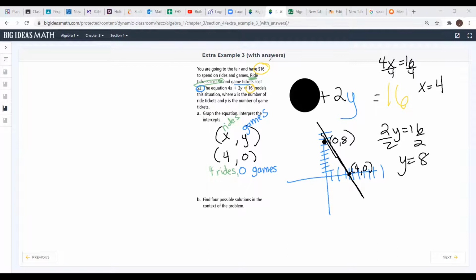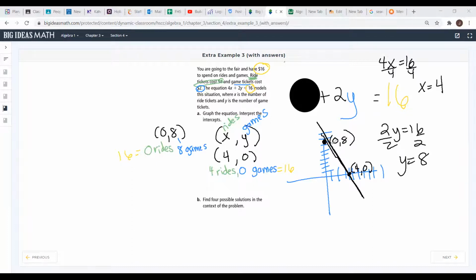And remember, all I have is 16 bucks. Or I can ride 0 rides, but I can play 8 games because games are $2 a piece, and so that would give me $16.